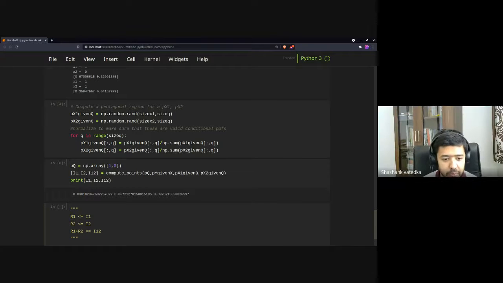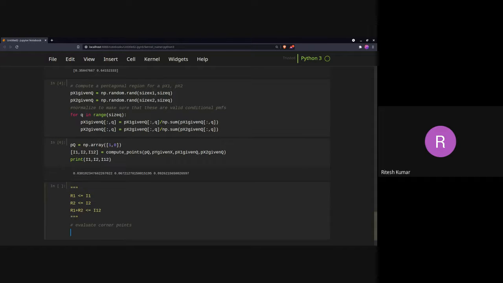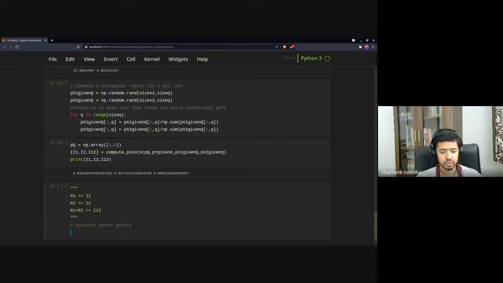So the 2 corner points are all we need. What are the corner points going to be? Tell me in terms of I1, I2, and I12.